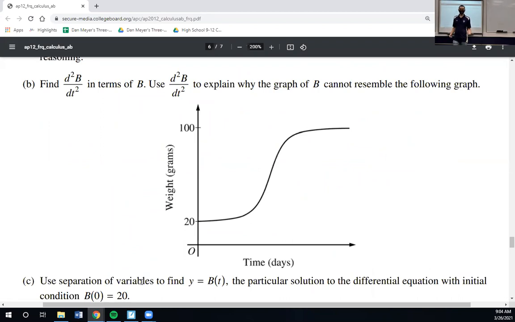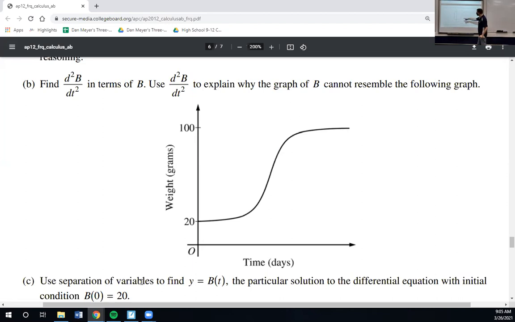Now, if we're thinking about how on earth we are going to get anything from that graph, we need to think about what the second derivative usually tells us about a graph. The second derivative would tell me about concave up and concave down.